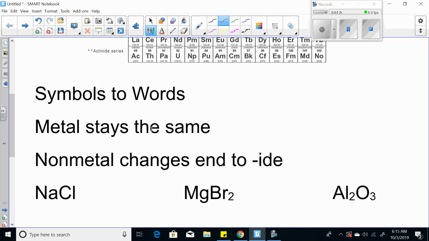When you go symbols to words, the metal is always first. That's going to stay exactly the same. And the non-metal is going to change to IDE.